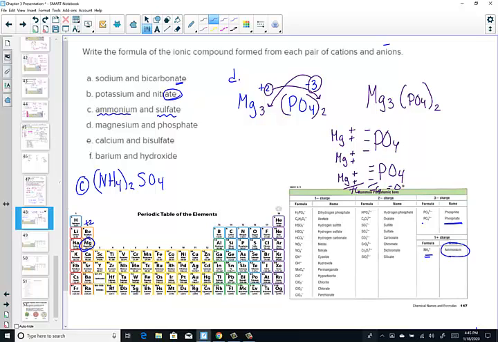Practice, practice. We have calcium hooking to bisulfate. This is letter E. So calcium, who lives right here in group 2A, do you see calcium? Telling me that it's going to lose two electrons. Calcium is going to develop a +2 charge. All of these in the second column are always +2s. I see bisulfate.